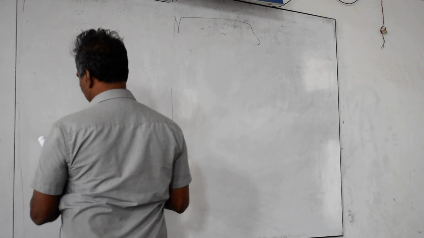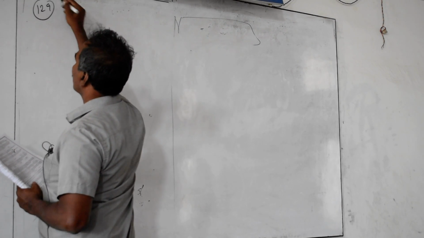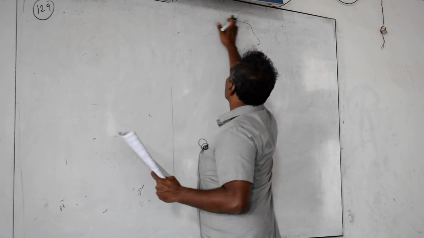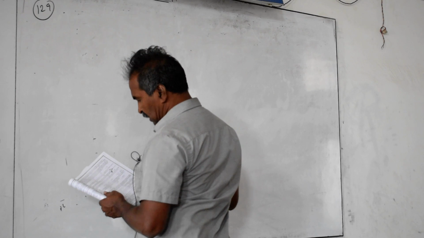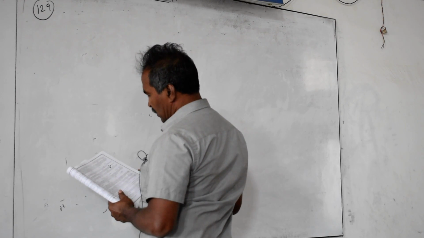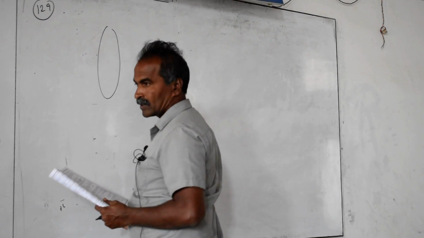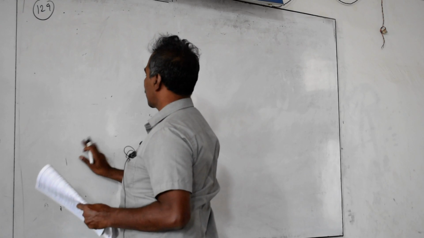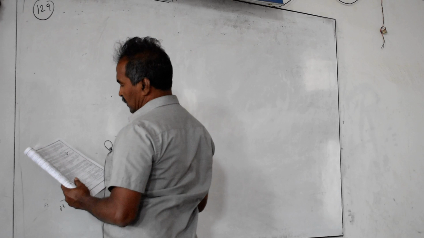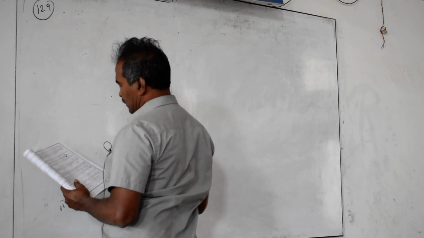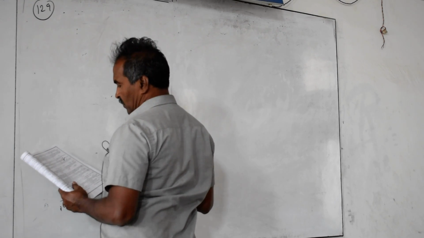Next question, number 129. Two thin wire rings, each of radius r, are placed a distance d apart with the same axis, coaxial as we call them.